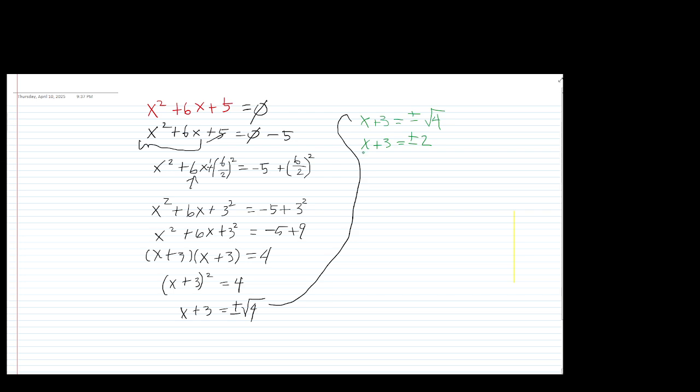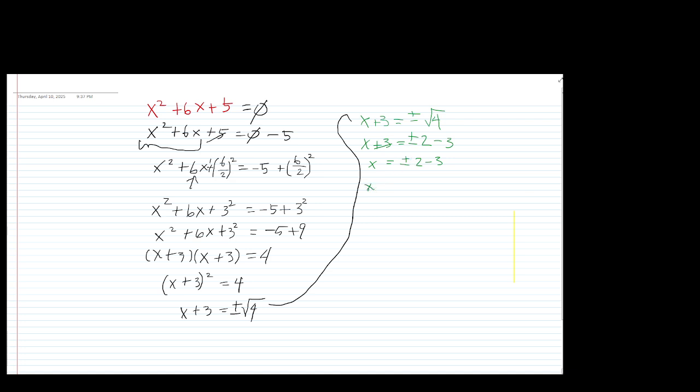we're almost done solving for x. We have this number by itself, so subtract 3 from this side and subtract this from this side. And you're left with x equals your plus or minus 2 minus 3. This plus or minus means that there are two values for x, one using the positive and one using the negative.